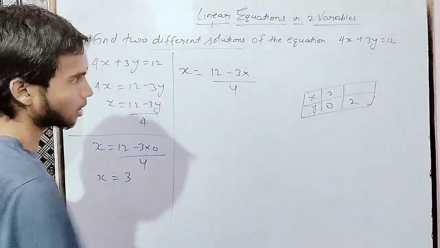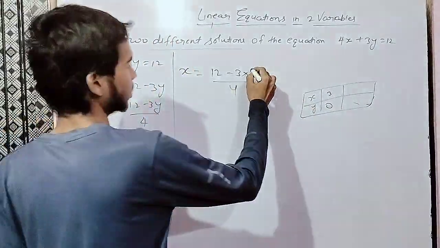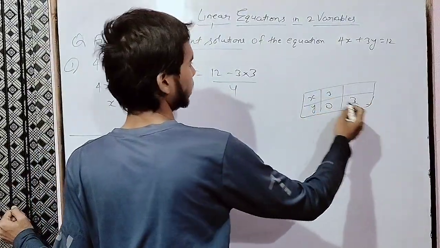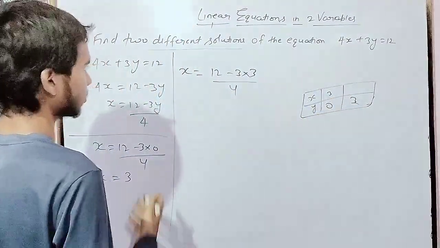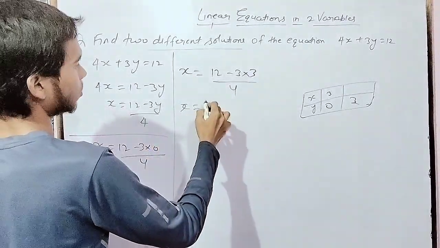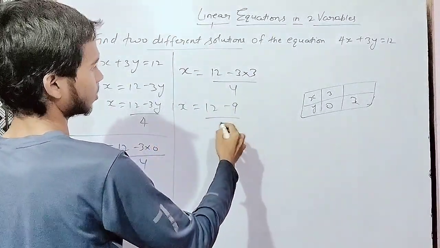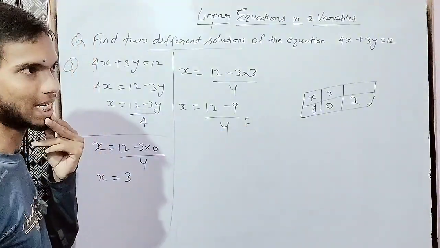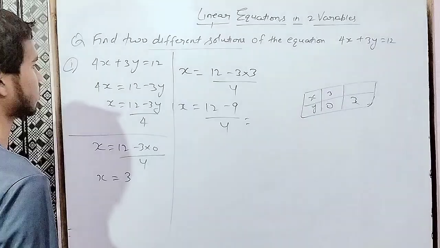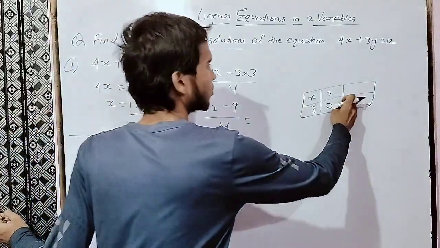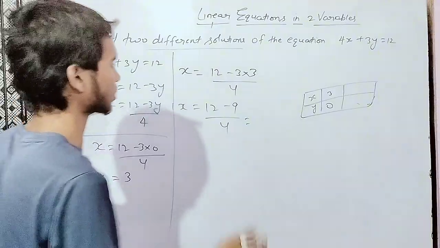So let's take 3. 3 times 3 is 9. So x is 12 minus 9, which is 3, over 4, so 3 upon 4, again giving a fraction.